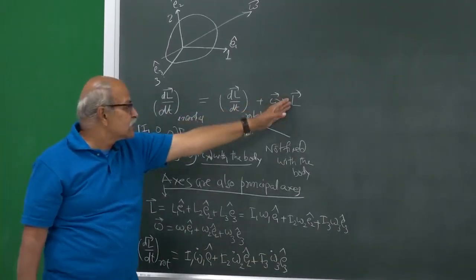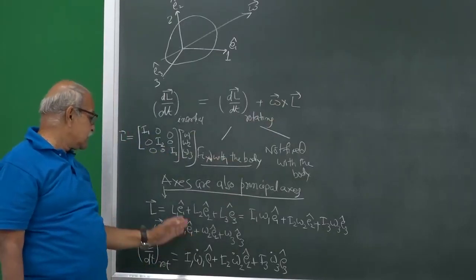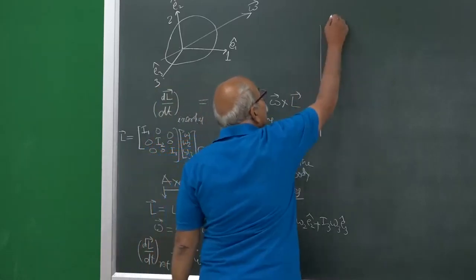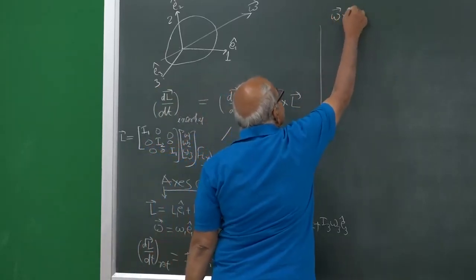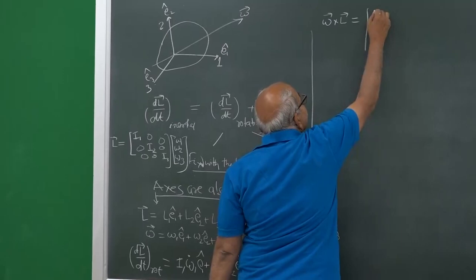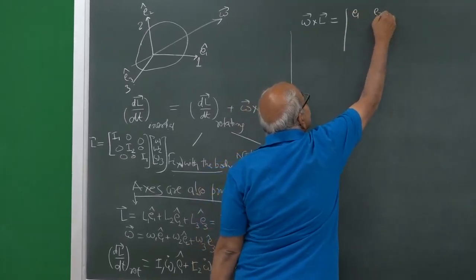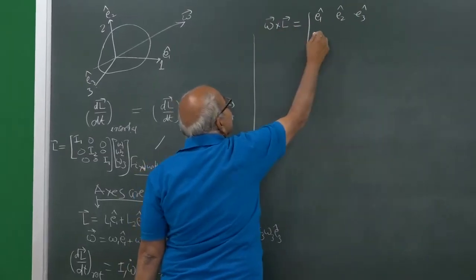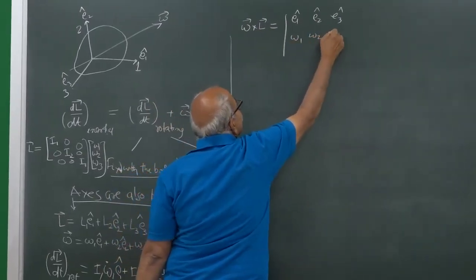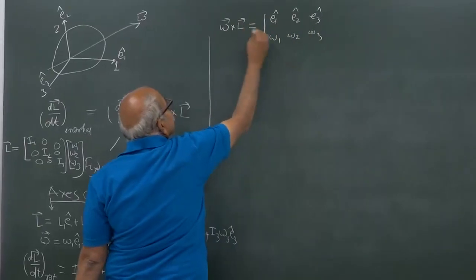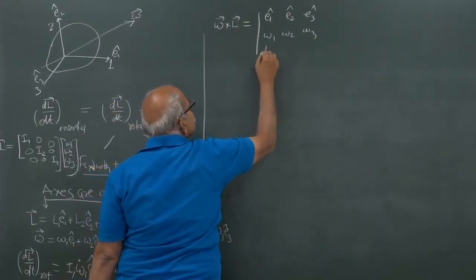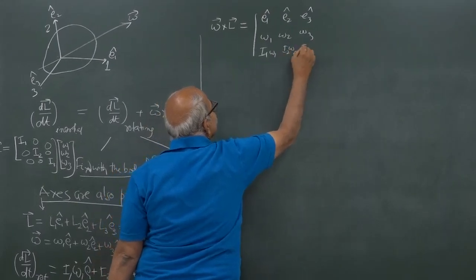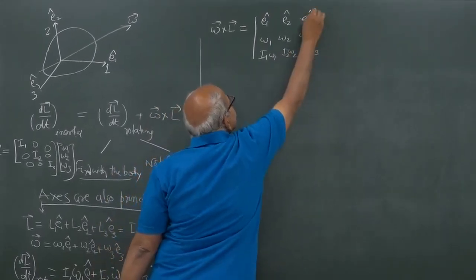And what is omega cross L? Here is omega, here is L. So, omega cross L, you can write it with E1 cap, E2 cap, E3 cap, and then omega 1, omega 2, omega 3, and L1, L2, L3 which are I1 omega 1, I2 omega 2 and I3 omega 3.